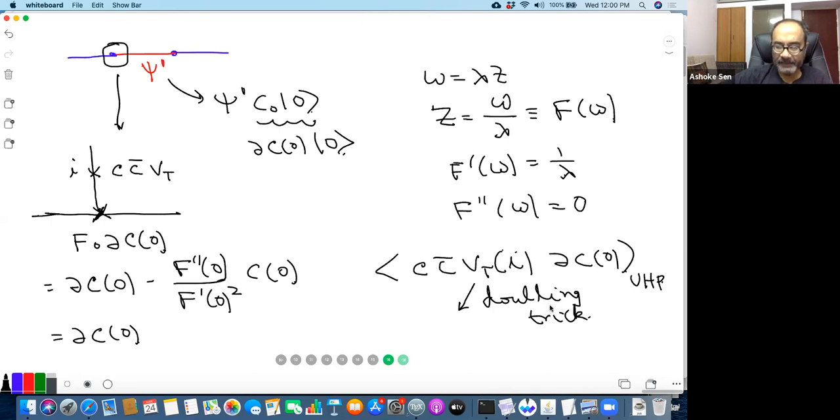So the doubling trick basically tells us that whenever you have a C bar, you replace it by C and put it at the complex conjugate point, and calculate the correlation function in the complex plane. So this is proportional to C of I, C of minus I. We replace C bar by C, but change the argument from I to minus I, and del C of 0. This is on the plane now. And this is actually 0. Okay, so let me just show that this is 0.